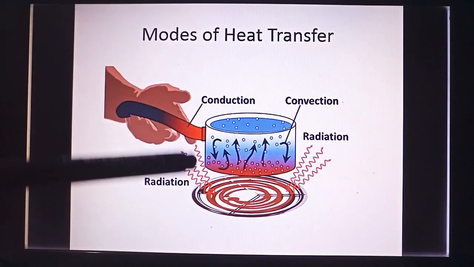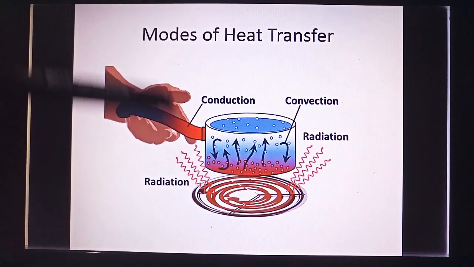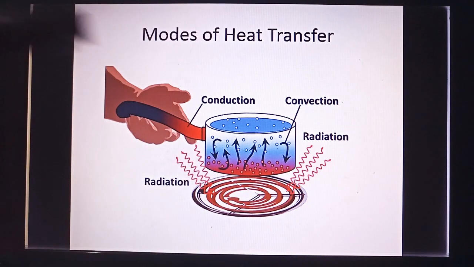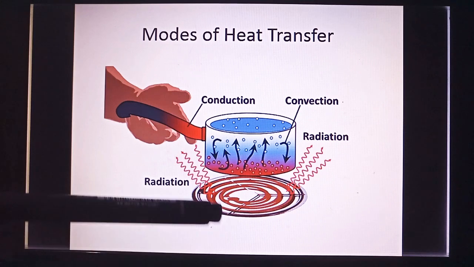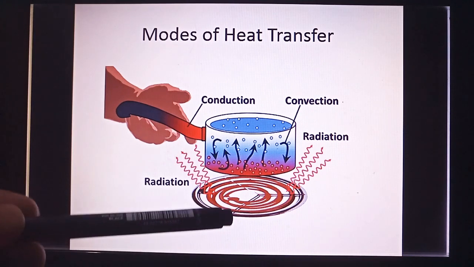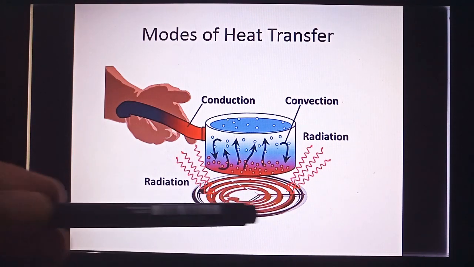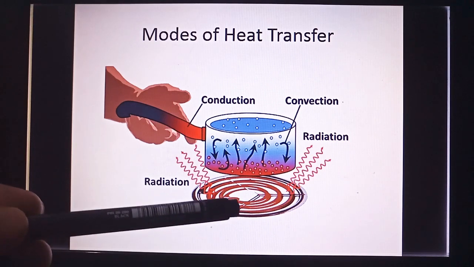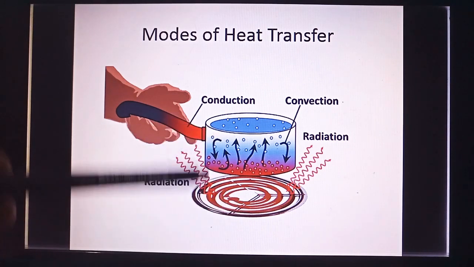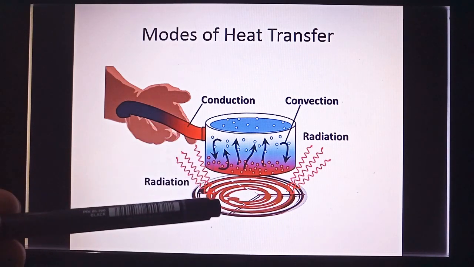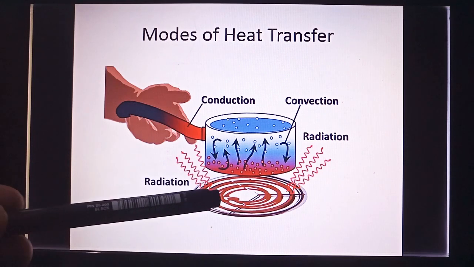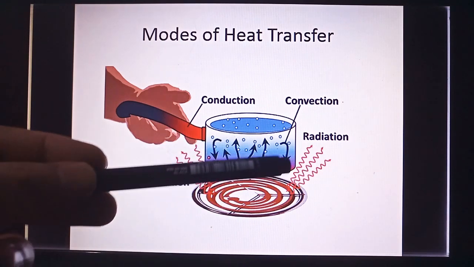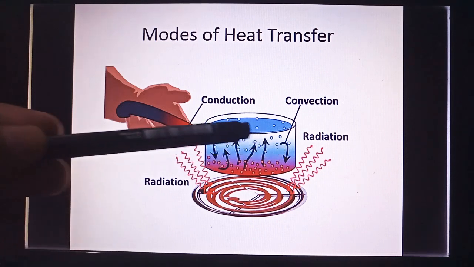Now we have another visualization of the modes of heat transfer. We have here this heating coil. When this heats up, it will radiate heat, and this radiation through electromagnetic waves transfers to your pan.